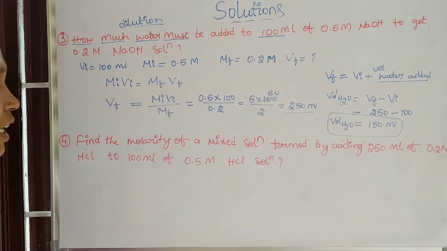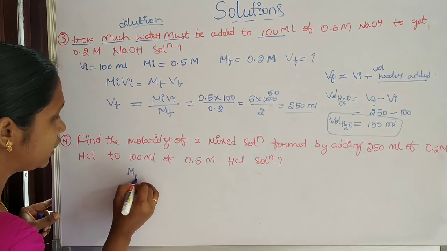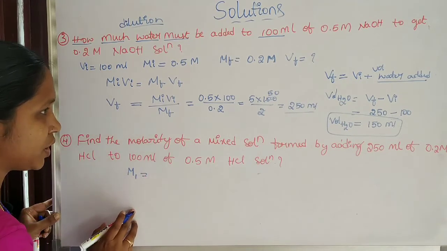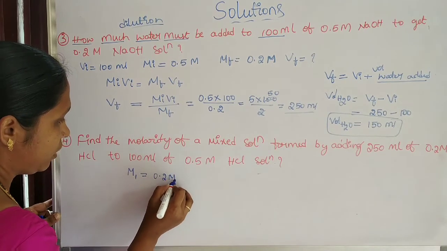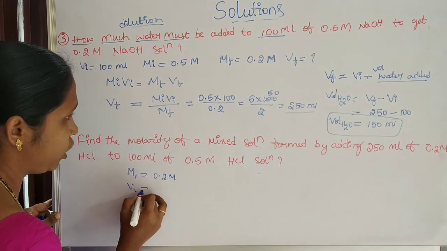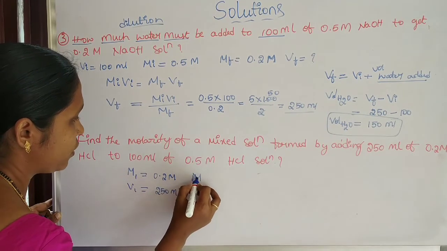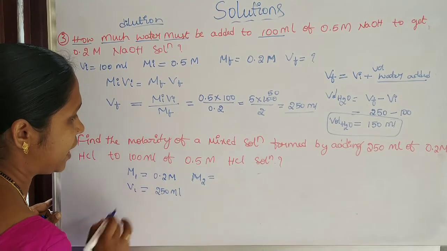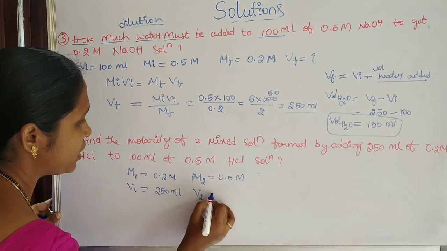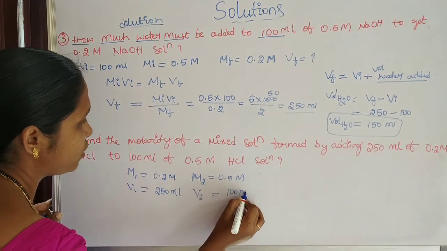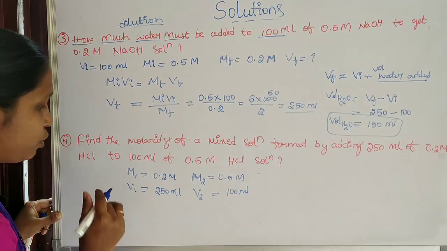He asked here, two solutions are taken, both are HCl solutions. The first one has molarity 0.2 molar and volume 250 ml. And the second HCl solution has molarity 0.5 molar and volume 100 ml. Both the solutions are mixed. Then what is the molarity of the resulting solution?